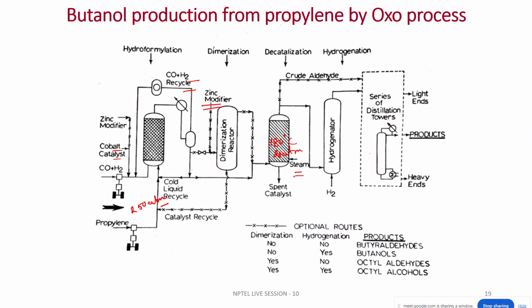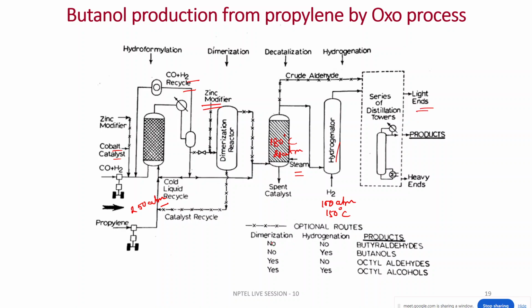Hydrogenation is taking place in this hydrogenation reactor at a pressure of 100 atmosphere and temperature of 150 degrees Celsius. Then the resulting product is taken out as a light end product.